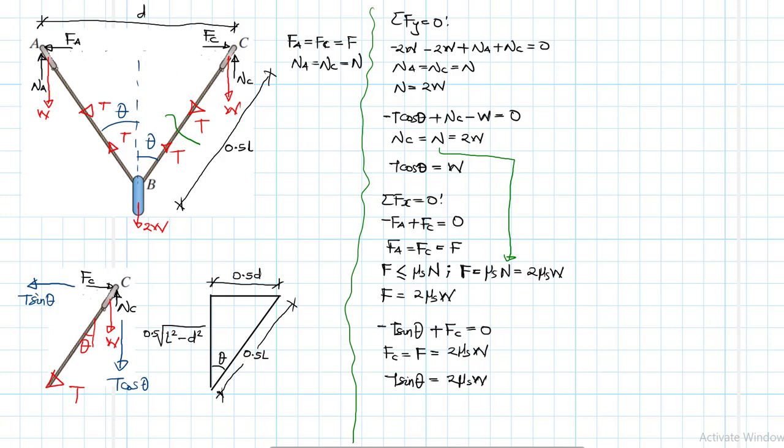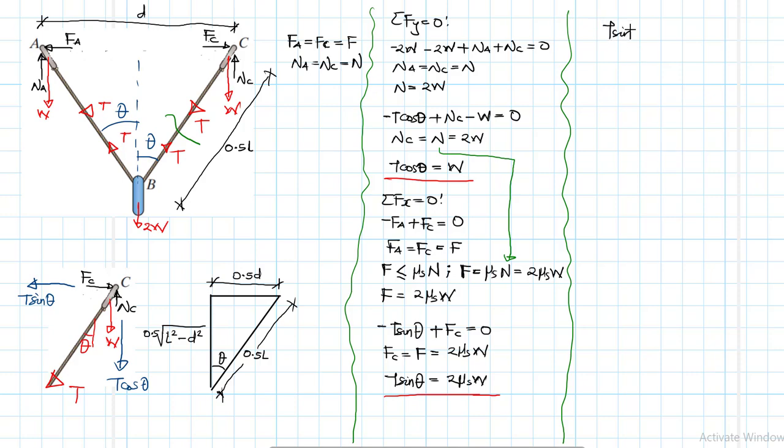So now we can get this equation in T cos theta and T sine theta. We divide them together, right? Okay, so if we did so, then we are going to have the following equation.